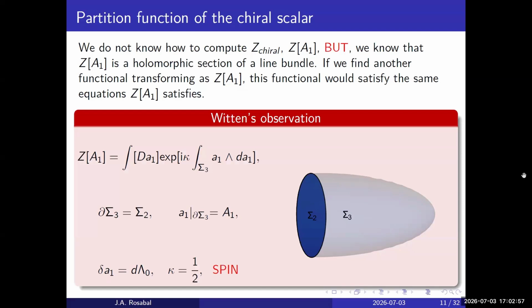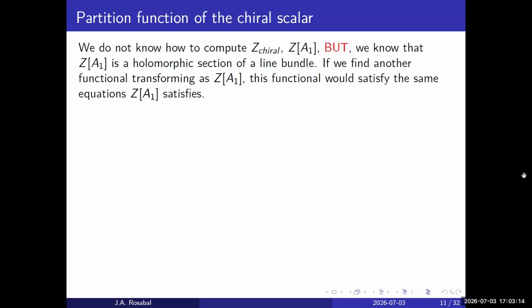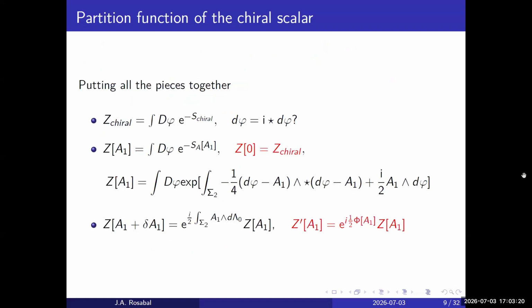If you take Chern-Simons theory in one higher dimension, with the usual U(1) transformation, you realize that this action transforms exactly as this one. It has exactly the same transformation.